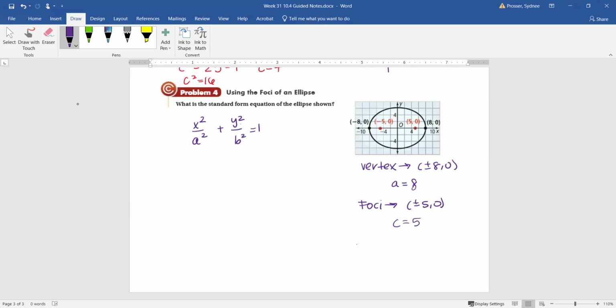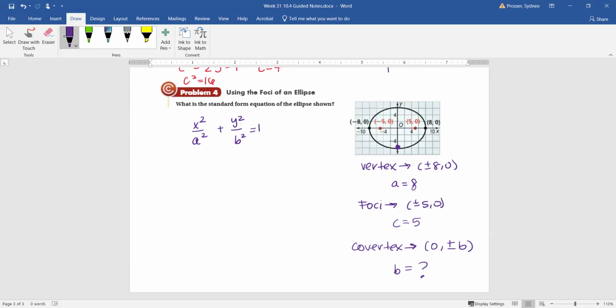My b value, my covertices, are 0 plus or minus the b value. And I don't know what these points are. It looks like it's at -6, but before I drew all over it, you can see it's not really clear if it is actually -6 or not. So I need to figure out what my b value is.